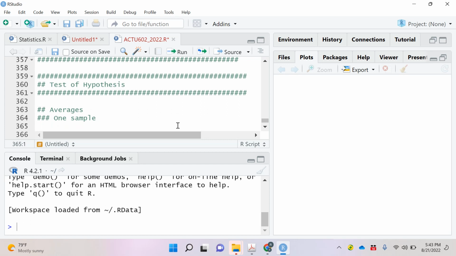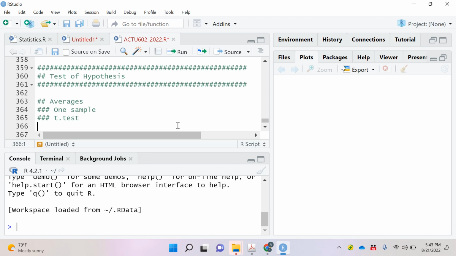Usually we use what we call the t-test, or it may be a z-test depending on the sample size you have. In R, what we will use to do it is called t.test. So let's look at this, t.test.